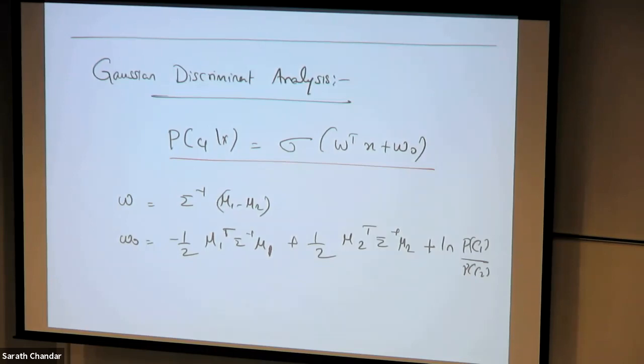The second observation here is you can see that the prior probabilities P of CK enter this model only through the bias, right? So you don't have P of CK in the W term. You have the P of CK only in the W0 term, which is the bias of the model. Now we know that the bias is there to just change the boundary.